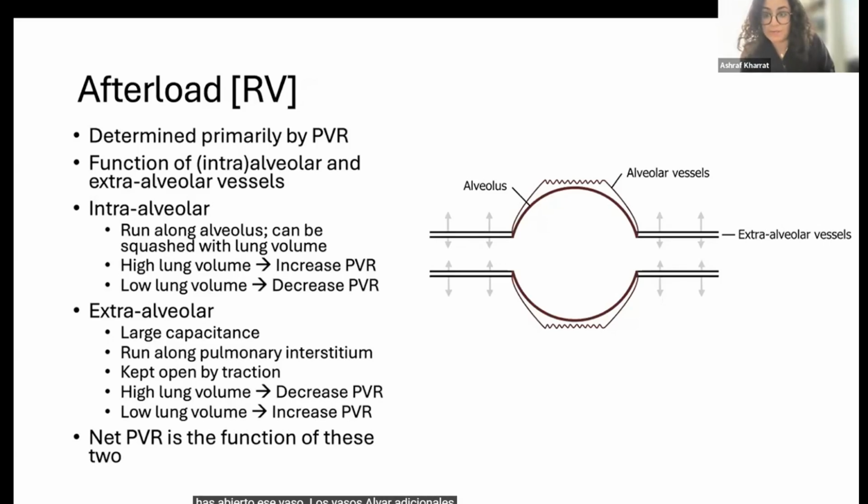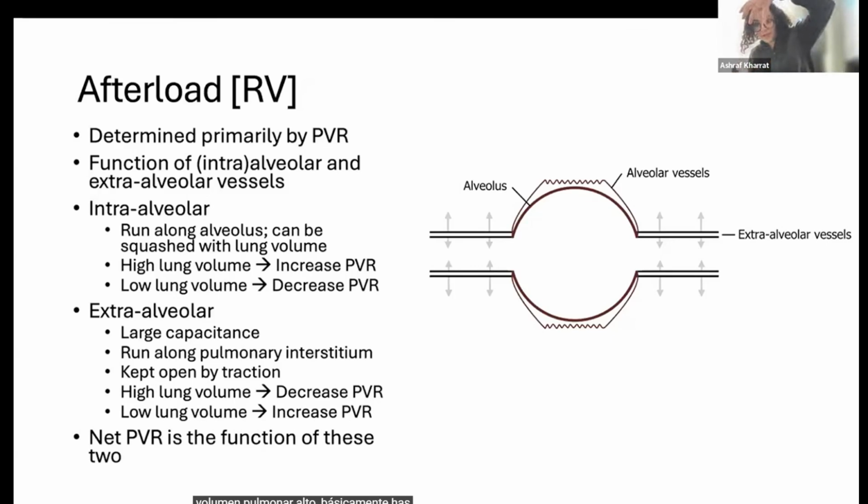Extraalveolar vessels are running between the alveoli, so through the interstitium of the lung. They're not immediately connected to each alveolar unit. They are kept open by traction, so basically opposing forces keeping these blood vessels open. So their PVR state is the opposite of intraalveolar vessels. When you have a high lung volume, you basically have opened everything up.